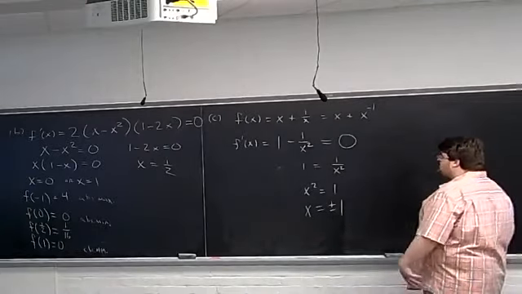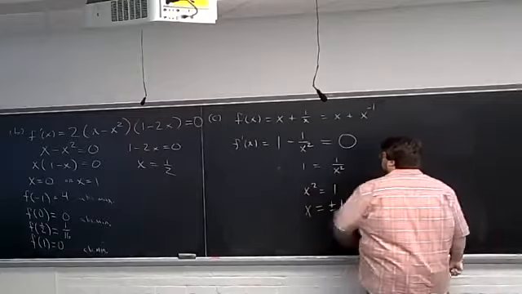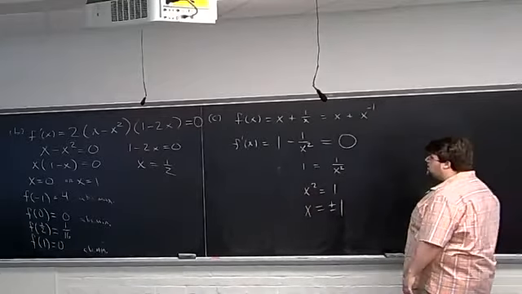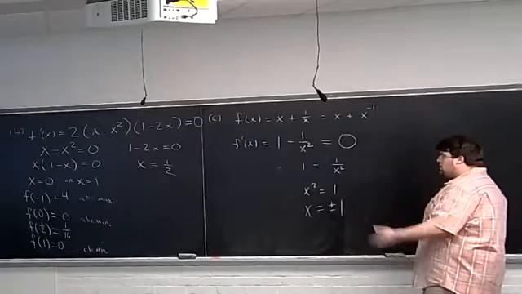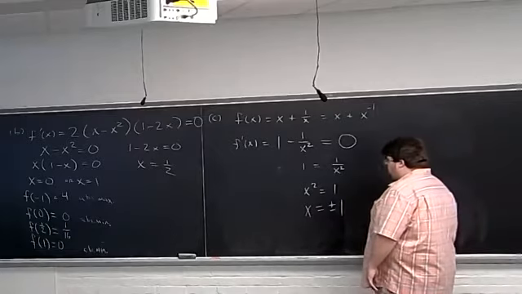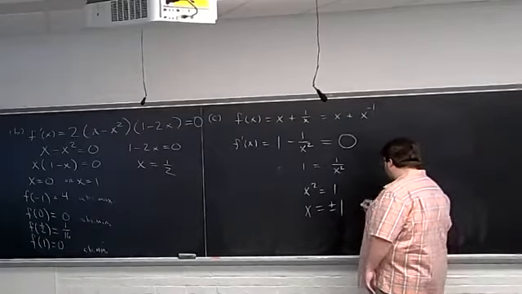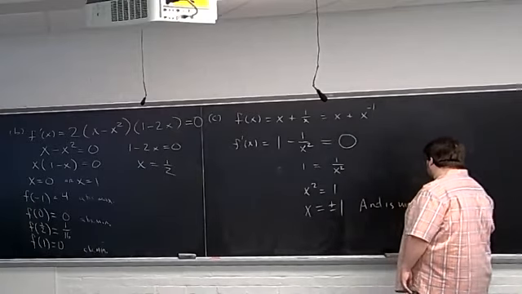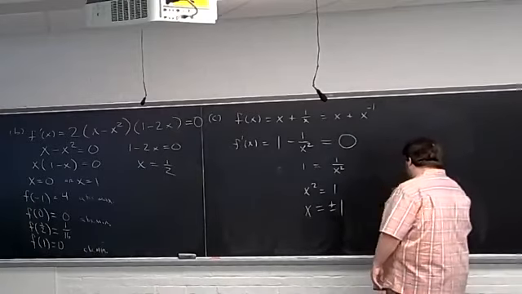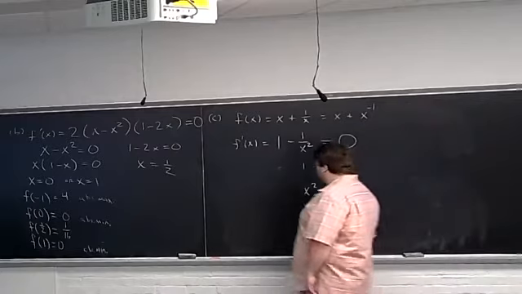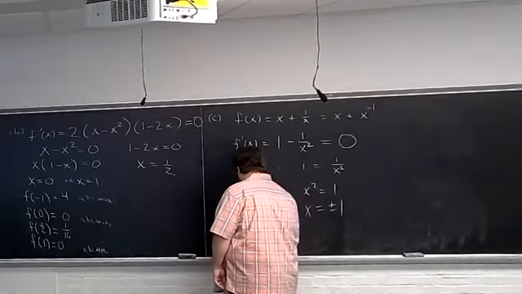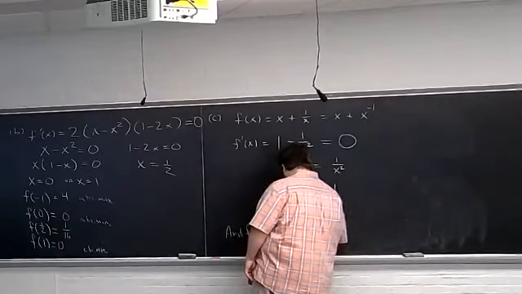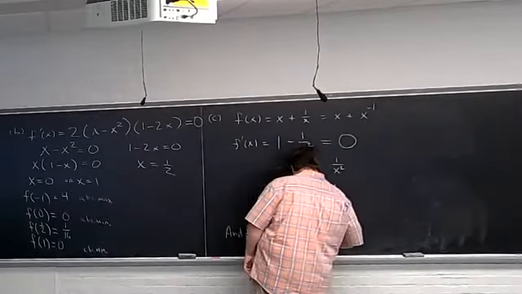We have a fraction here, so we're also going to need where the derivative is undefined. If you have a square root, you'd also have to worry about where it's undefined. So f prime is undefined when, well, when is it undefined?